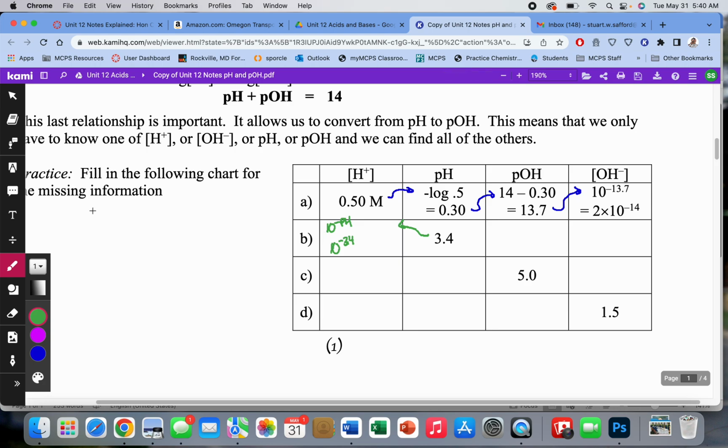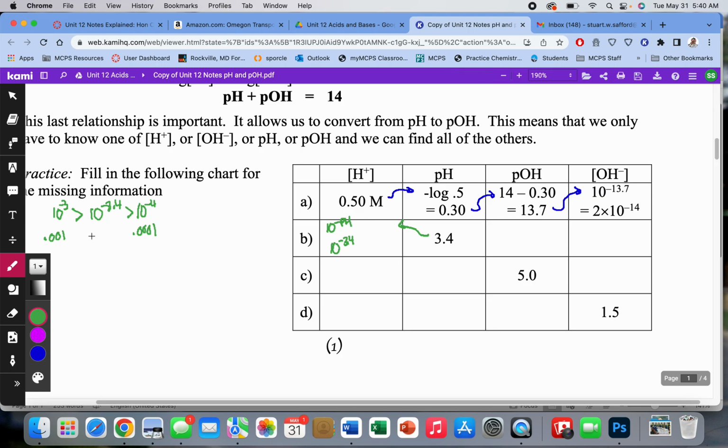But you need to realize that 10 to the negative 3.4 is going to be bigger than 10 to the negative fourth, and less than 10 to the negative third. That means it's less than 0.001 and greater than 0.0001.